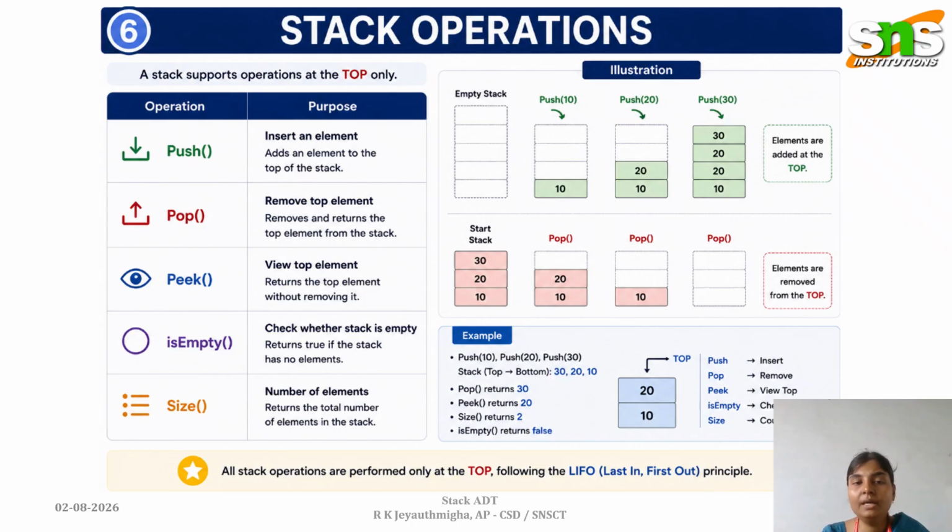Peek is to view the top element without removing it, and isEmpty checks whether the stack is empty or not before performing the pop operation. The number of elements we can check using the size function.